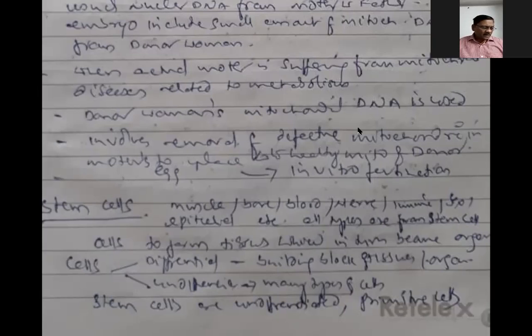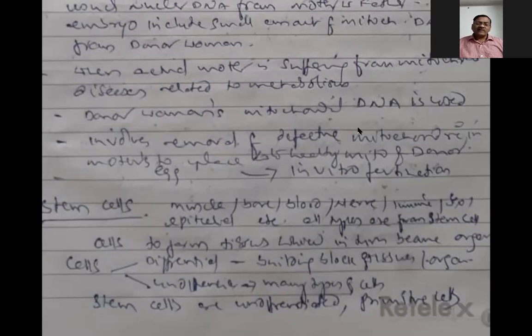A somatic cell is not a stem cell, but with some kind of treatment, you can convert it. You will not be able to convert a somatic cell into an embryonic cell, but you can convert a somatic cell by an external treatment into a stem cell, and you can use it as a stem cell when it is required.